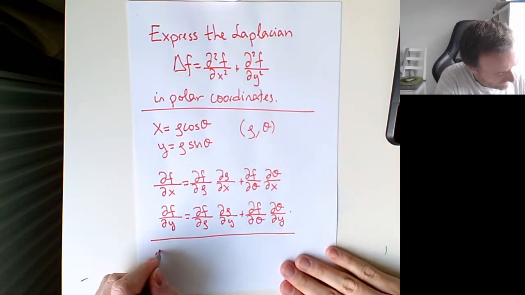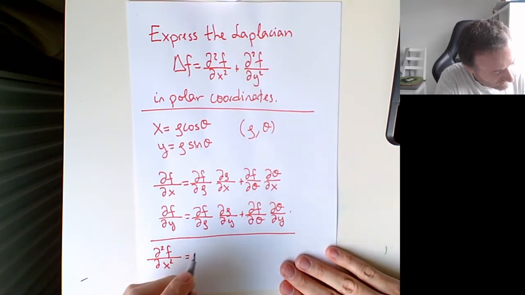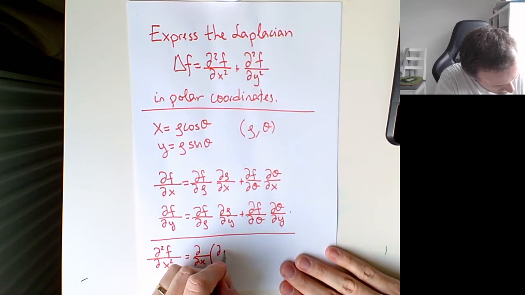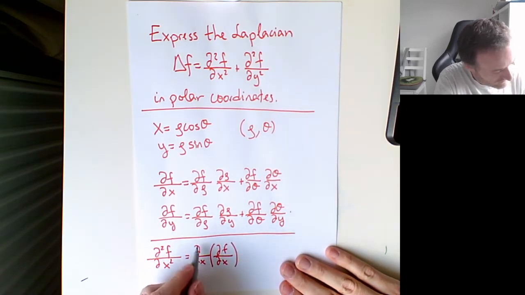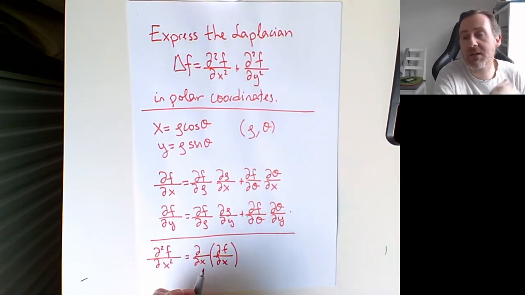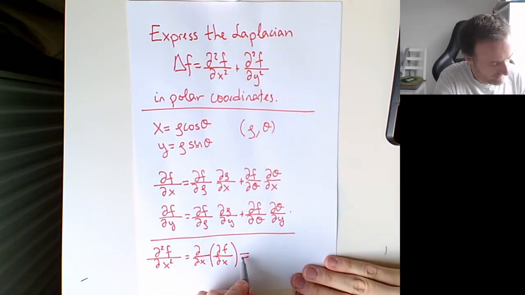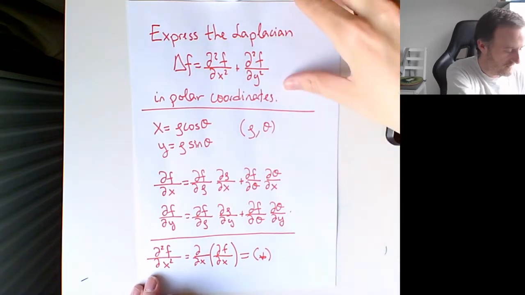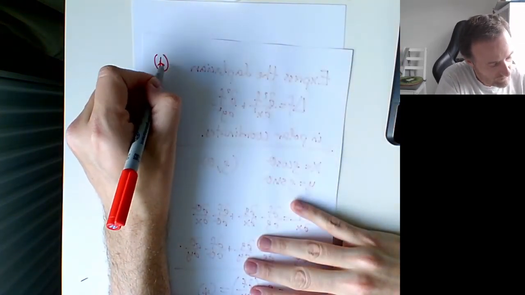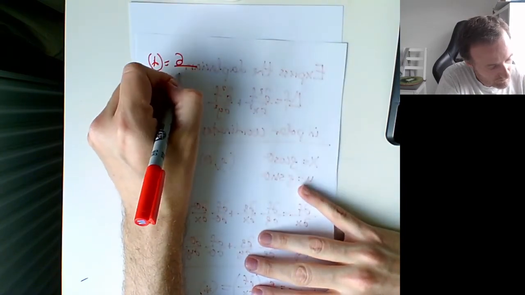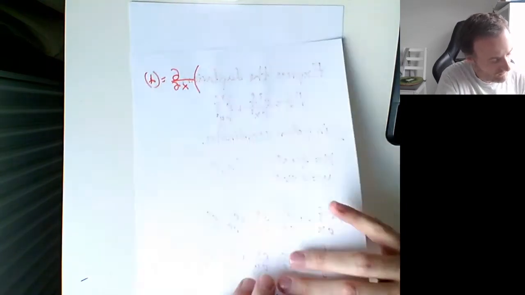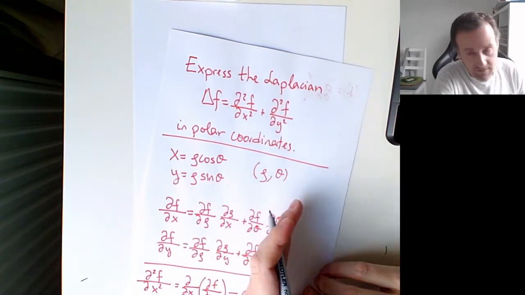So this is nothing else than the first partial derivative with respect to x of the first partial derivative with respect to x. So this is equal to the first partial derivative of all these expressions.